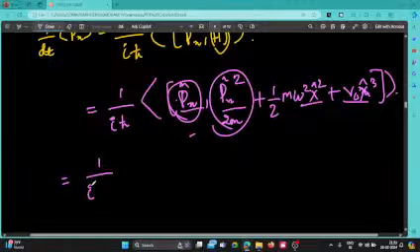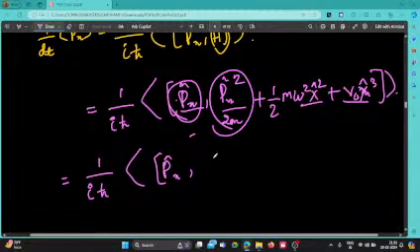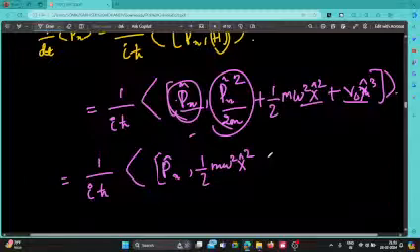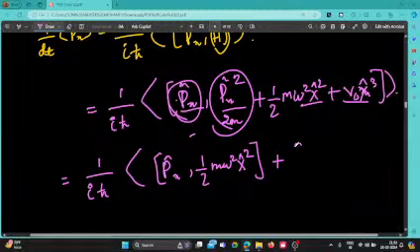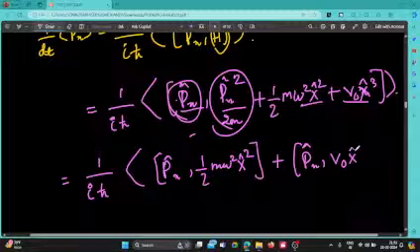So 1 by iħ, the commutation of Px will be done with half m omega squared x squared, plus Px commutation will be done with v naught x cube.